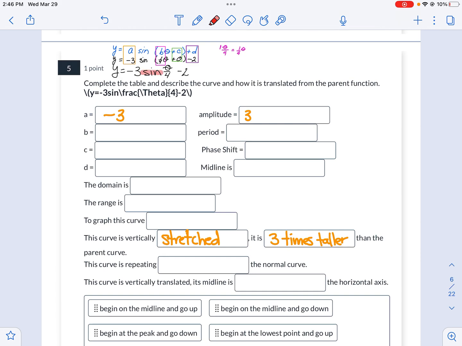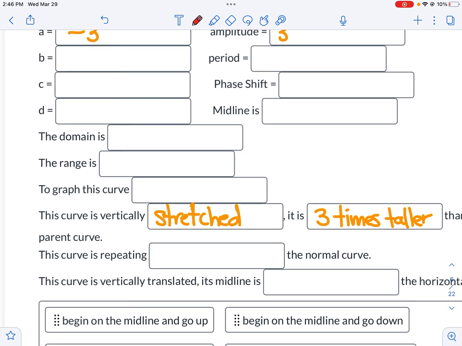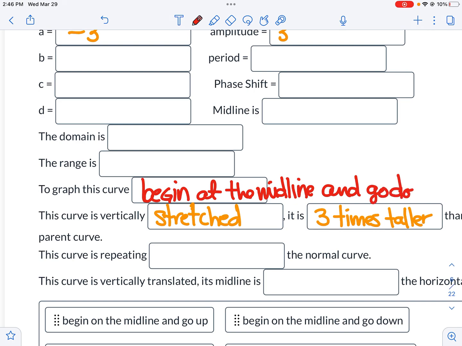The word is sine and the number is negative, so the curve is going to begin at the midline and go down.